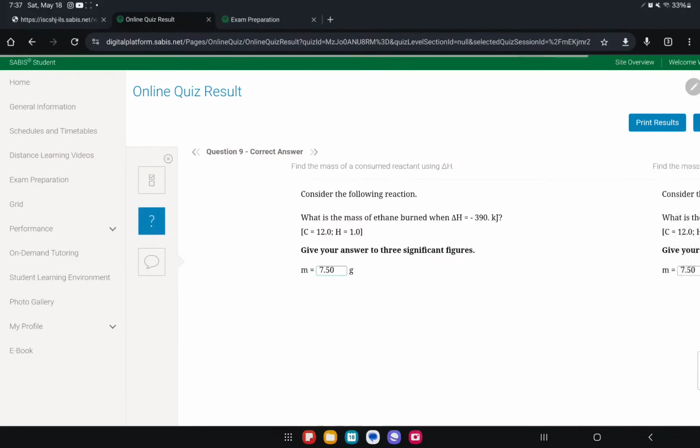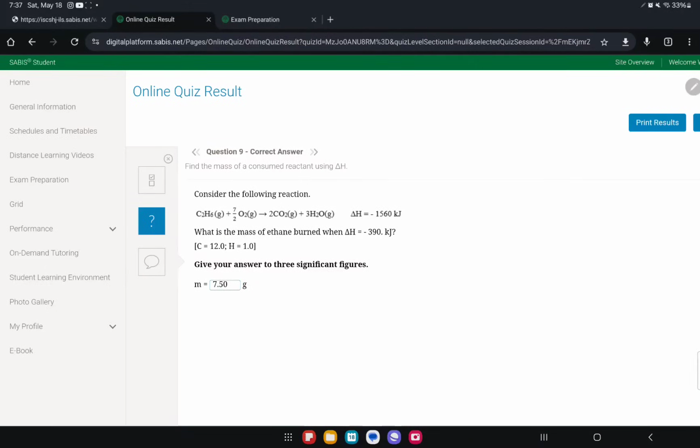Question 9. What's the mass of ethane burned when delta H equals minus 390? Here we have ethane, C2H6. If you find the molar mass of it, it's 30.